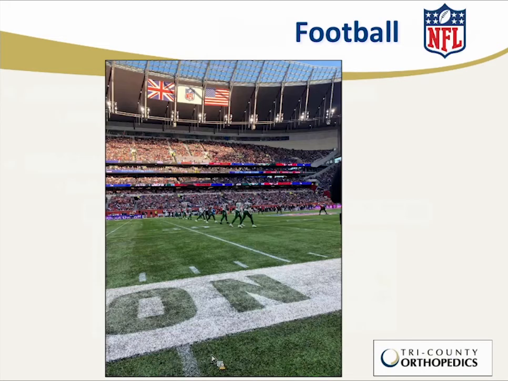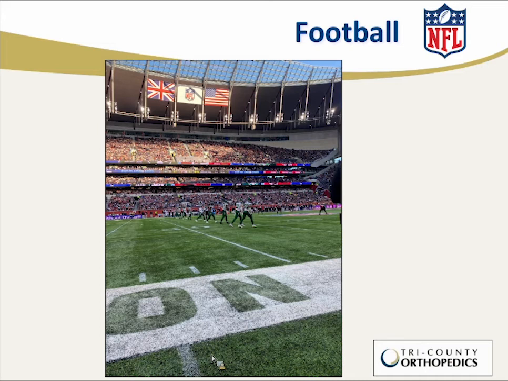Football, this is where I was just 2 days ago, playing on this very hard turf that kind of comes in and out so that the grass field for the soccer team can play in London. It's a common, unfortunate event that shoulder subluxation, dislocation, and instability occurs in football quite frequently.